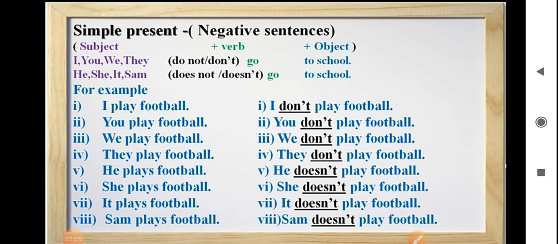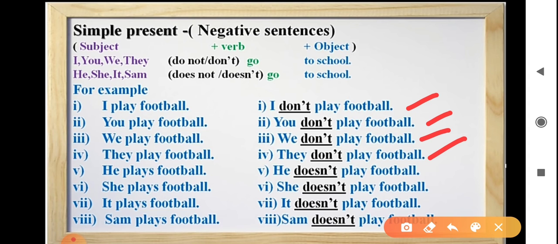Now take further examples of how affirmative sentences are converted into negative sentences. See examples. I play football. I don't play football. You play football. You don't play football. We play football. We don't play football. They play football. They don't play football.